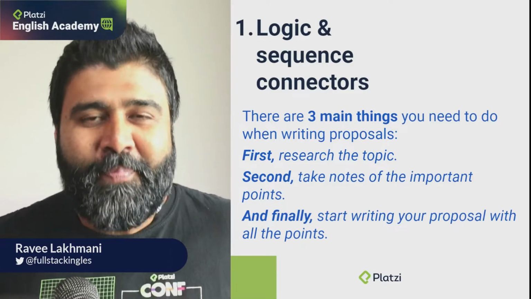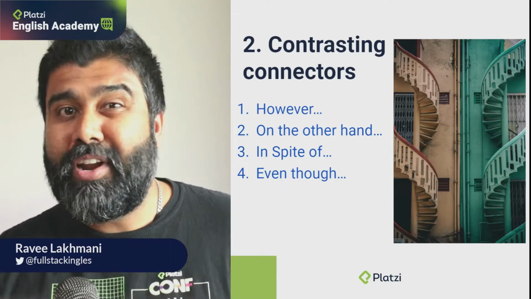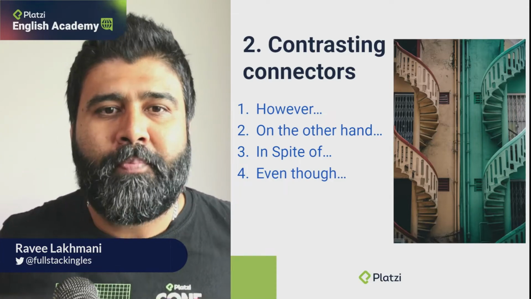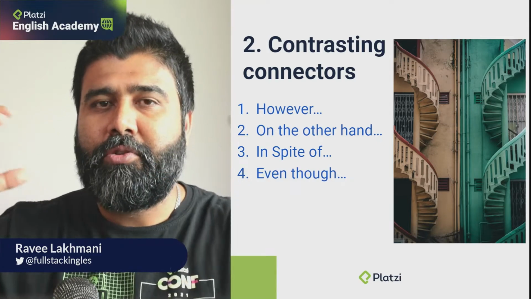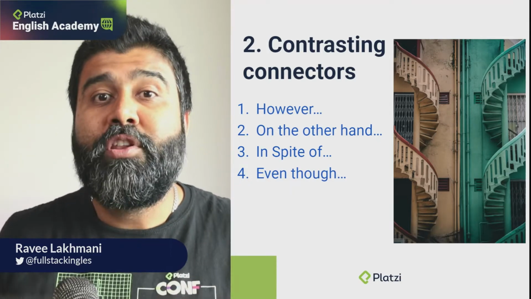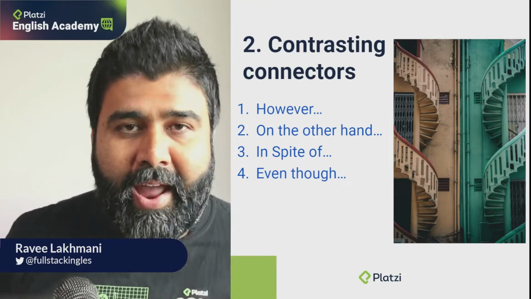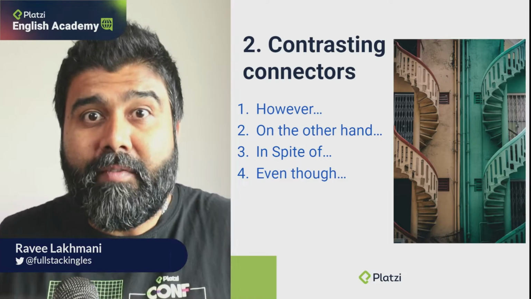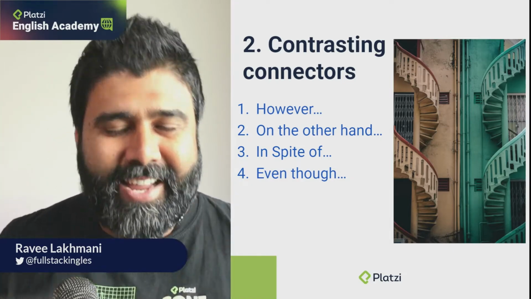Let's continue. From logic and sequence, now we are moving on to contrasting connectors. What does that mean? When you're trying to present ideas that are opposite to each other, contrast, you can use contrasting connectors like however, on the other hand, in spite of, even though. Let's see how they look in real life sentences.